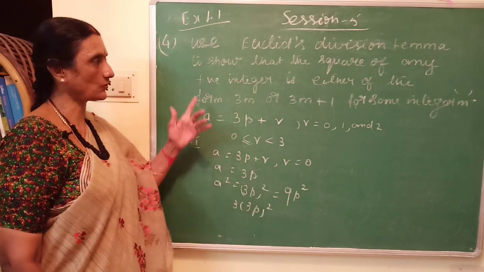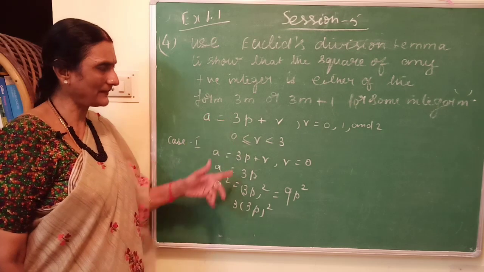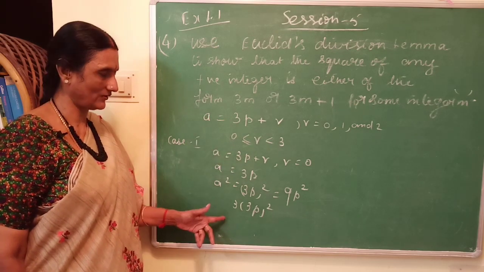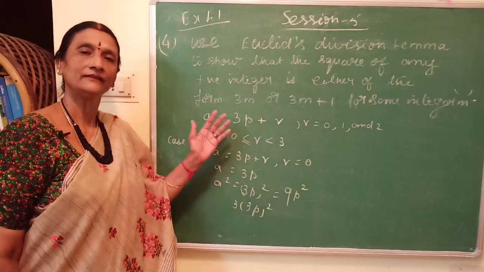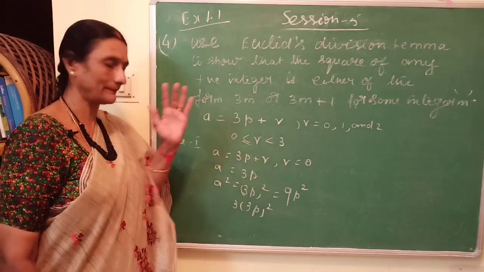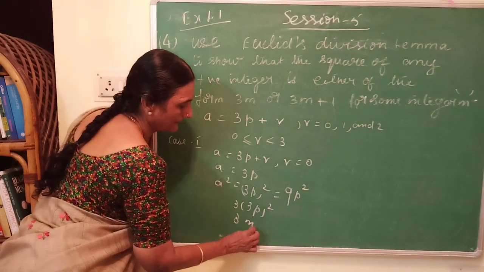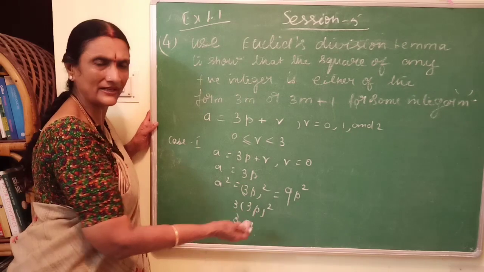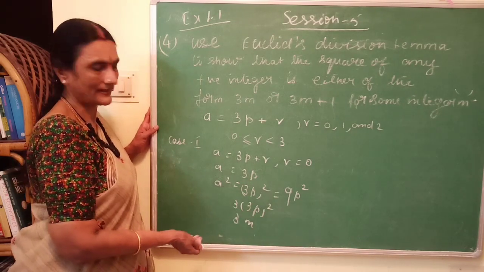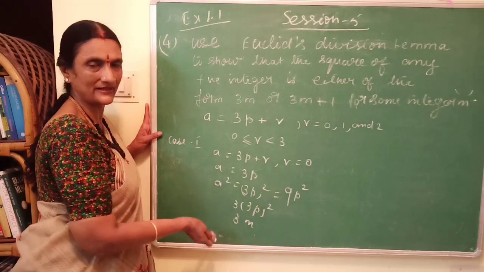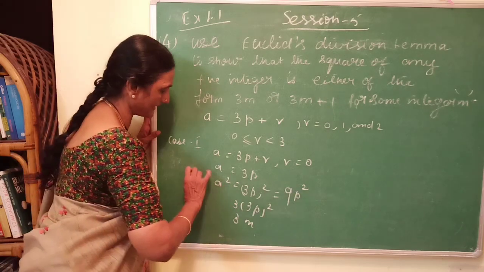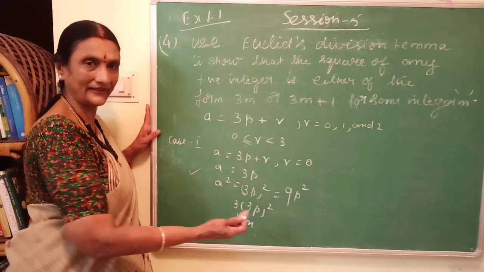The square of the number can be written as, when r equal to 0, in the form 3 times 3p square. That means 3 times a number. 3p square is obviously an integer. Correct? So it is 3 times a number. Therefore, your first case is proved. You can put a tick here.